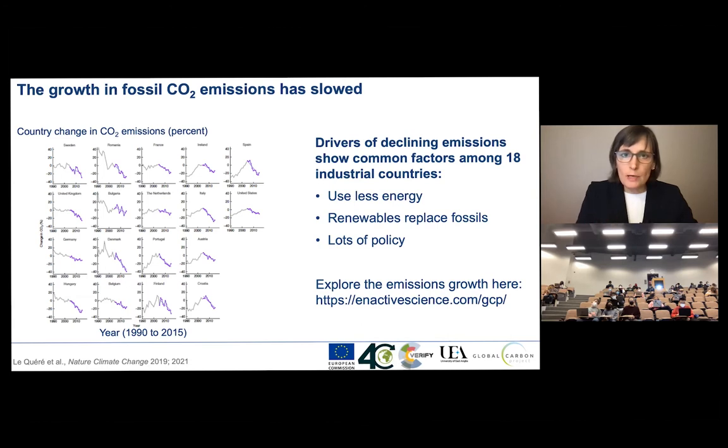Now, this is really important because the countries that did not make it to that group very often had renewable energy growing alongside fossil energy. So to reduce your emissions, you have to take out fossil energy. It's not enough to just deploy renewable energy. And these 18 countries had that in common.